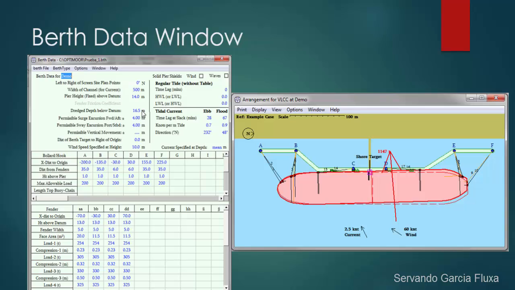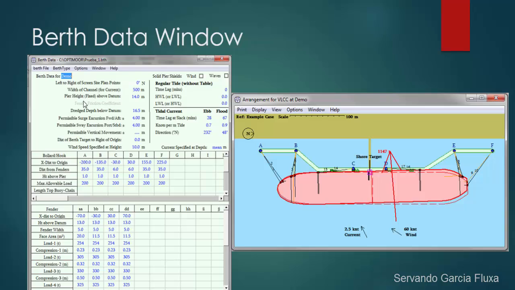So if the channel is wide enough, or you are not working in a channel, maybe your deck is just facing the open sea, you should give at least 5 times the breadth of the vessel. So if you're working in open seas, define this width of the channel as at least 5 times the breadth of the vessel that you're analyzing.